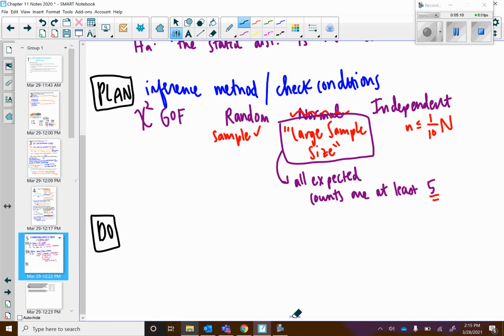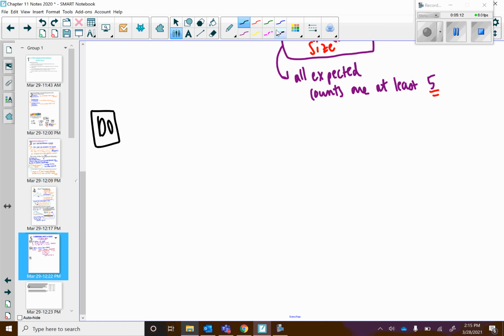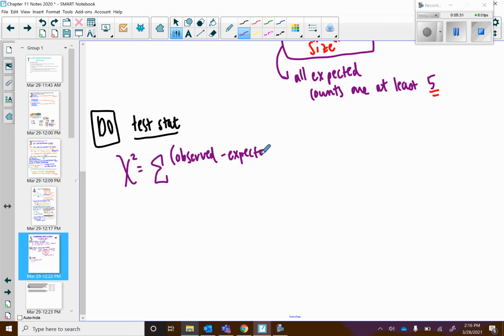State, plan, do. What do we need to do in the do step? Well, we're going to calculate a test statistic. And our test statistic for a chi-squared test is chi-squared itself, which remember is the sum of our observed minus expected squared all over expected.